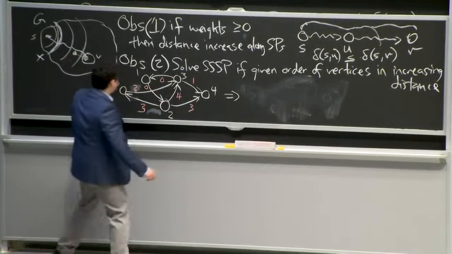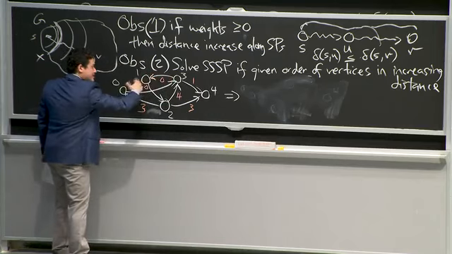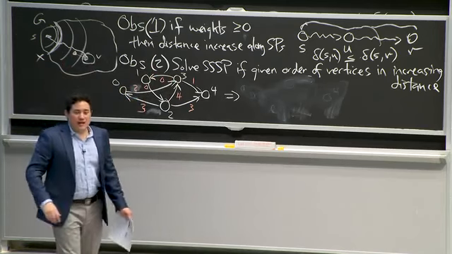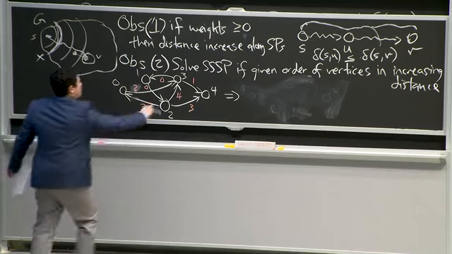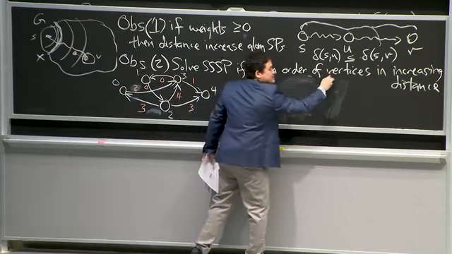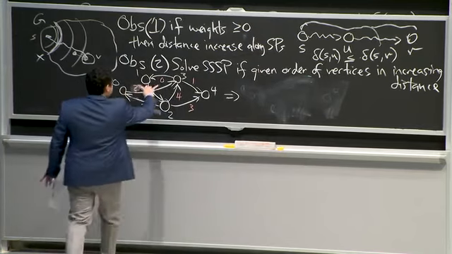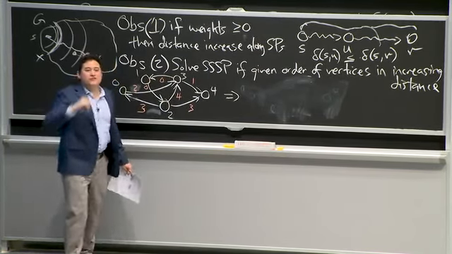Yeah, so for every set of 0 edges, I can just flip the relationship if they have the same distance, okay? In my input, I'm given vertices that have the same distance from the source. And so if those are the same distance from the source and they're connected by a 0 weight edge, it doesn't hurt me to flip their ordering.